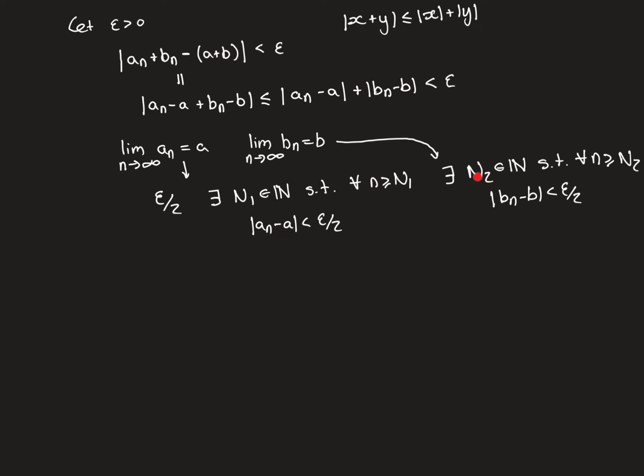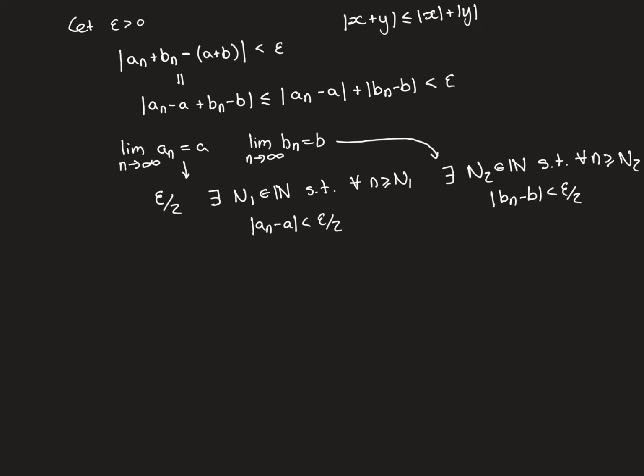So again, there will exist a point in this sequence where from that point onwards, the distance between the terms and the limit is less than this value that I'm trying to make it less than, which is epsilon over 2. And the reason that I want both of these to be less than epsilon over 2 is so that when I sum them together, it's less than our original epsilon. So that's where the epsilon over 2 has come from.